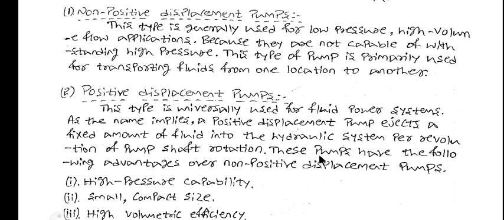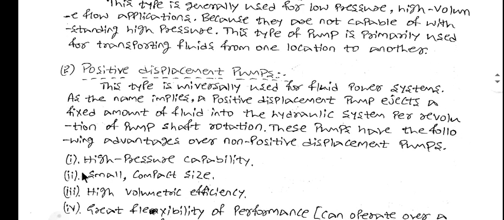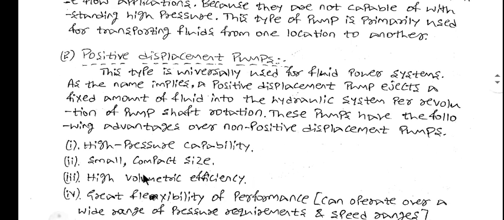These pumps, that is positive displacement pumps, have advantages over the non-positive displacement pump. First one is it is used for high pressure capabilities. As I told you, non-positive displacement pumps are used for low pressure, whereas positive displacement pumps are used for high pressure capability.